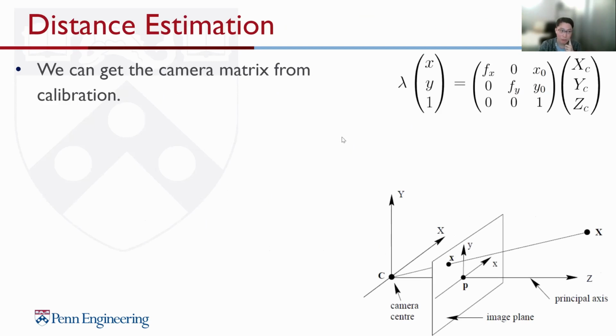So next we'll talk about distance estimation. That's when we have a point in the image, can we get the distance between the camera and that point in the real world? For this equation over here, if we want to find the relation, we should do the camera calibration, right?